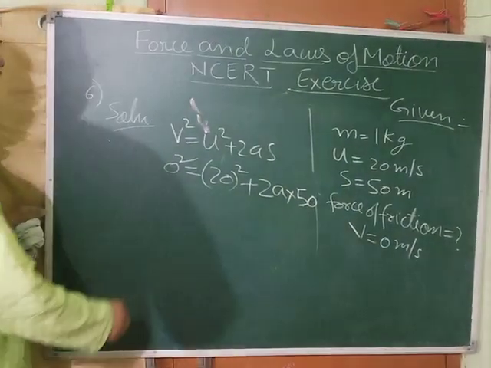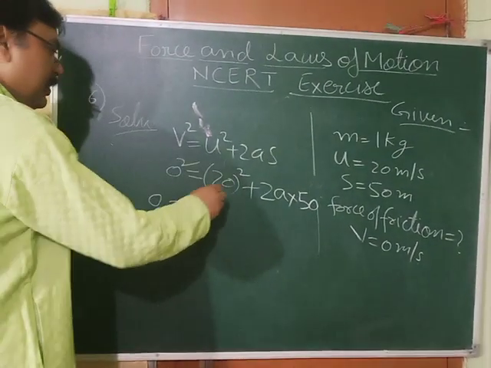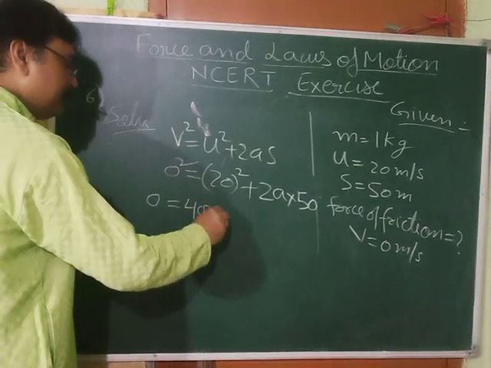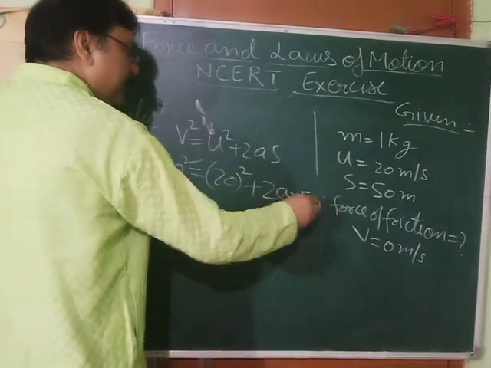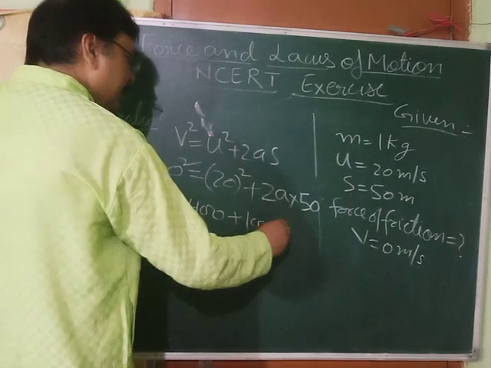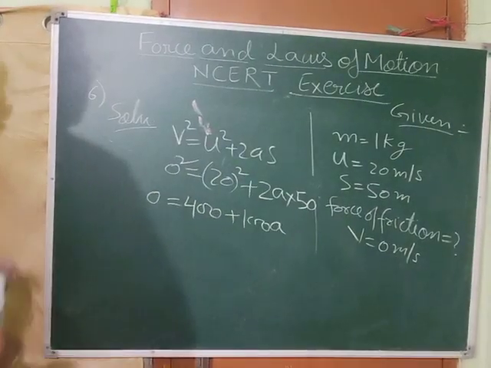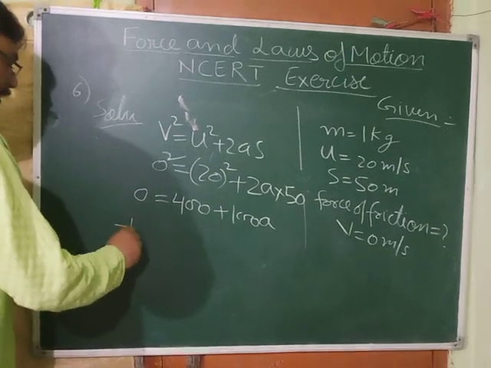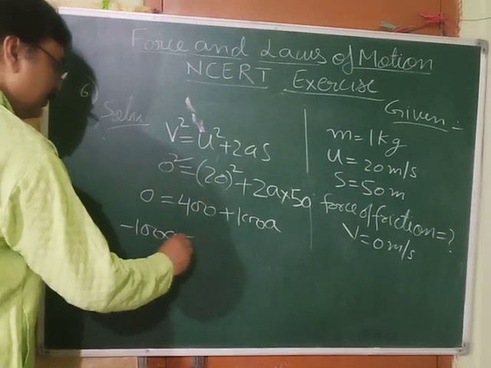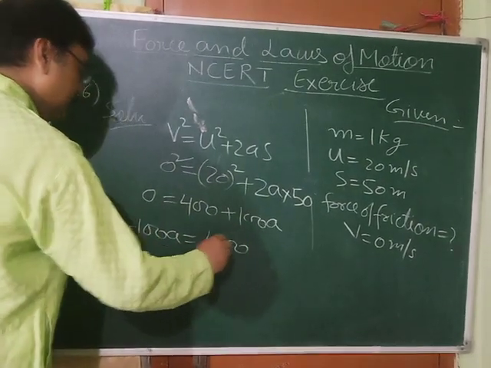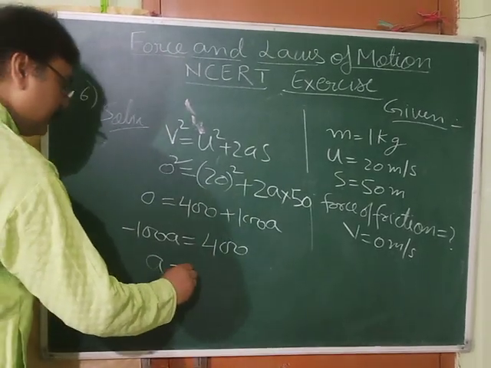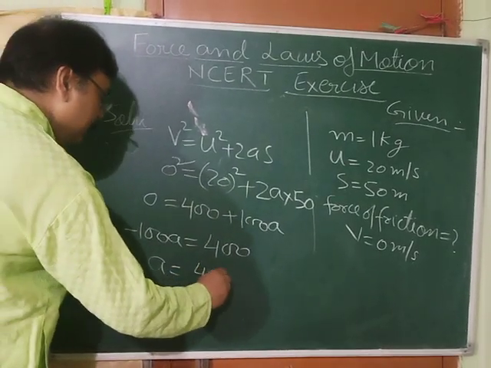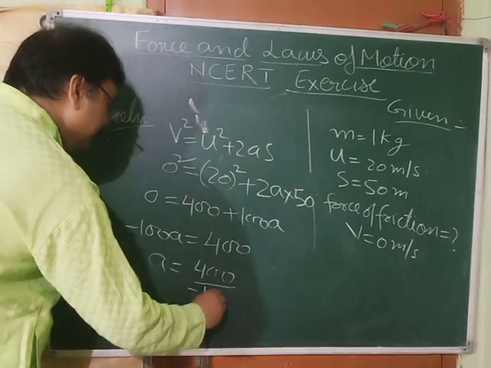Now this is 0, no problem. 20 square is how much? It is 400, plus 50 into 2 is 100a. Now if we take this 100a this side, what will we get? Minus 100a is equal to 400. So a is equal to how much? 400 by minus 100.